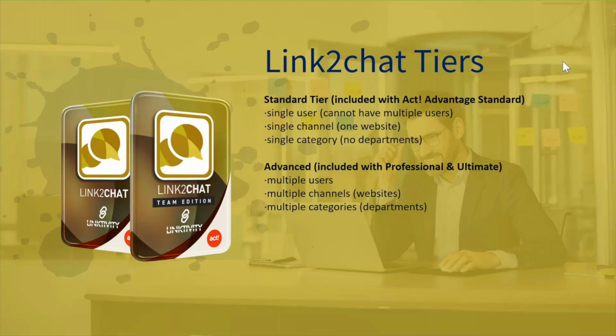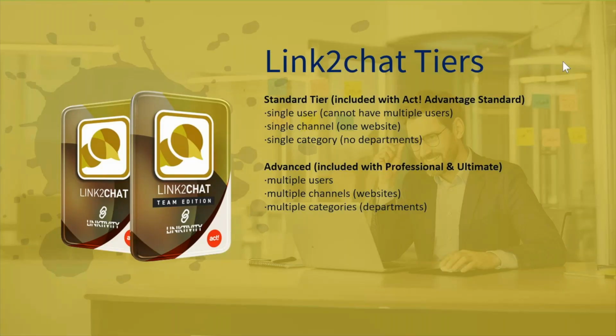And the last thing is the multiple categories. What that would mean is departments. For instance, and I'm going to show you how this will surface on your website, we may want to provide people the ability to click through on admin or accounting or support or sales, so that people are not going to have to sift through and relay through the wrong people.